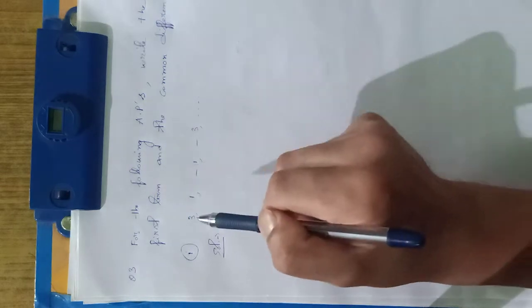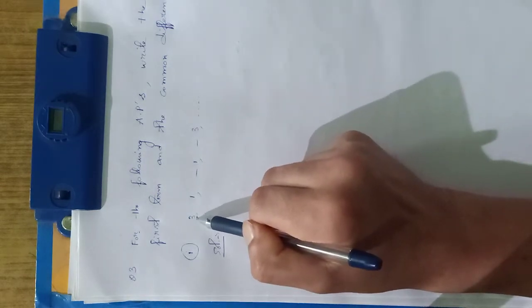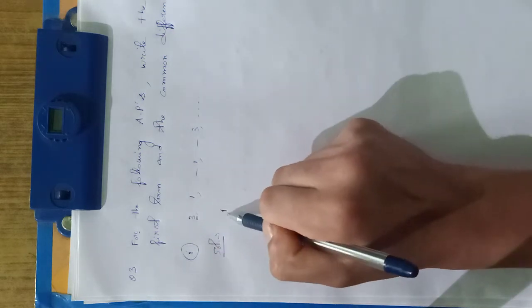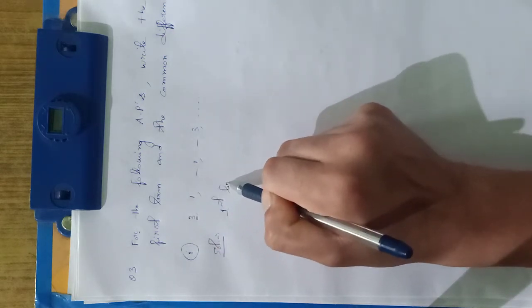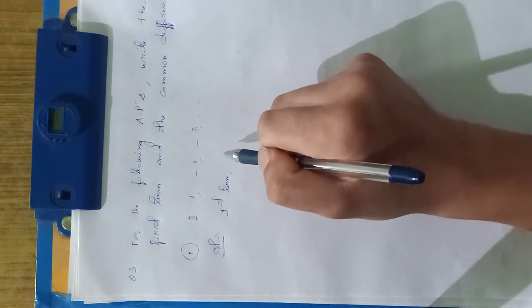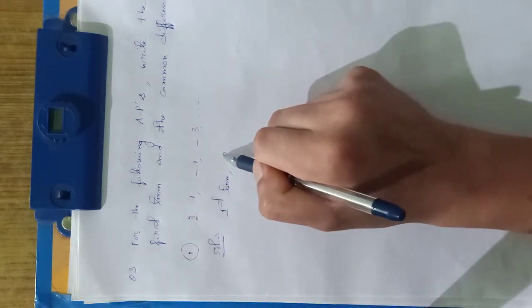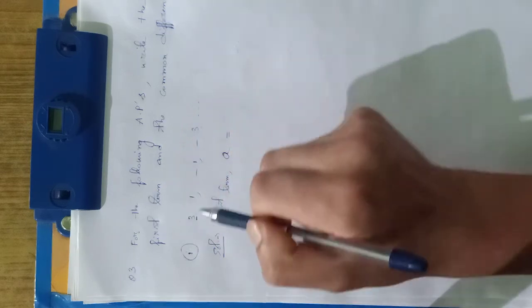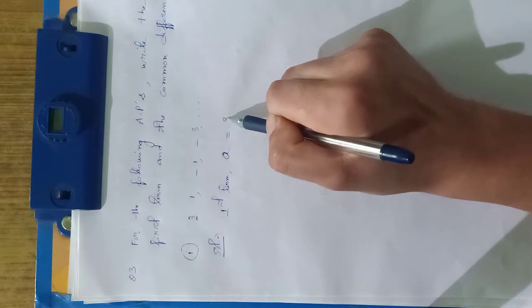First term means the first term of your given series is your first term. So the first term, in the previous question we see that the first term is denoted by A or simply A1. So that A is given by, here the first term of your series is 3. So A is equal to 3.